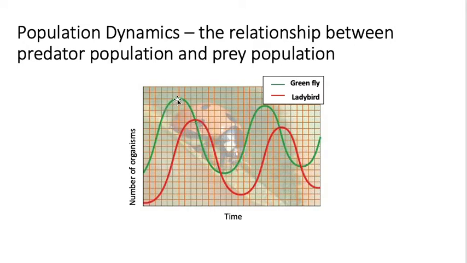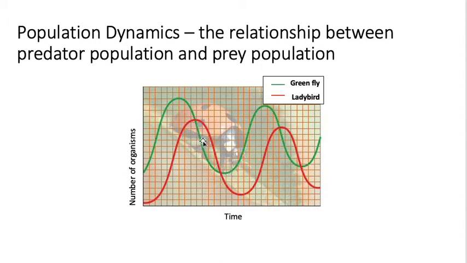So when we've reached a certain critical aphid population or greenfly population, there are so many ladybirds there that the aphids start to be killed off and their population starts to decrease. Now, once their population starts to decrease, you'll find after a slight time lag, the ladybirds will start to suffer from not having enough food and their population will decrease, except of course theirs will plummet to a much lower level than the aphid population.